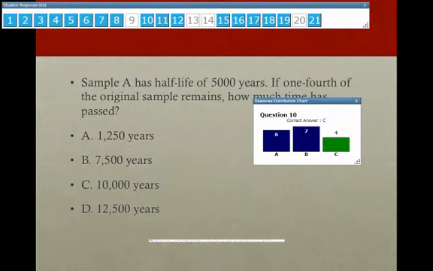If we start with sample A and 5,000 years go by, we're left with half of sample A. And then half again is a fourth, so that's the second half-life. Or a half times a half, a half twice, means a fourth is left. If we took three half-lives, we'd have a half times a half times a half, so we'd have an eighth of it left. So that's how you could figure that out. So it is 10,000 years.